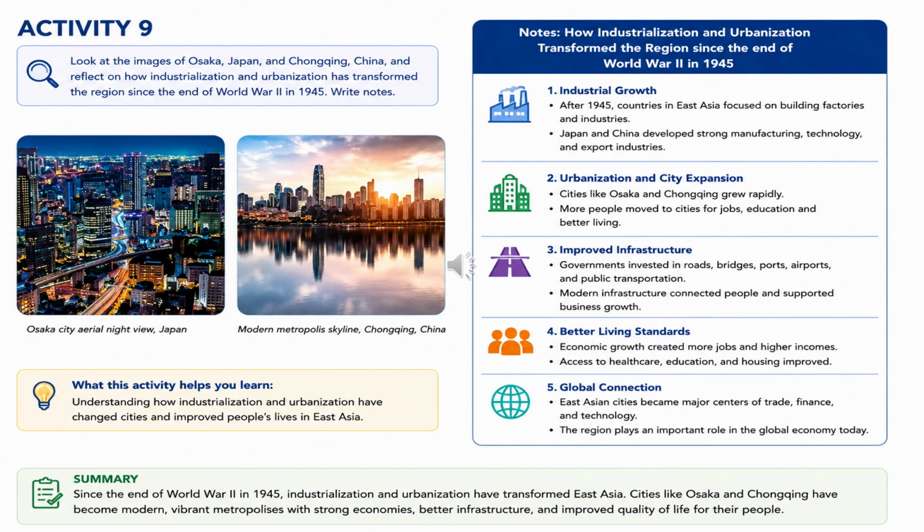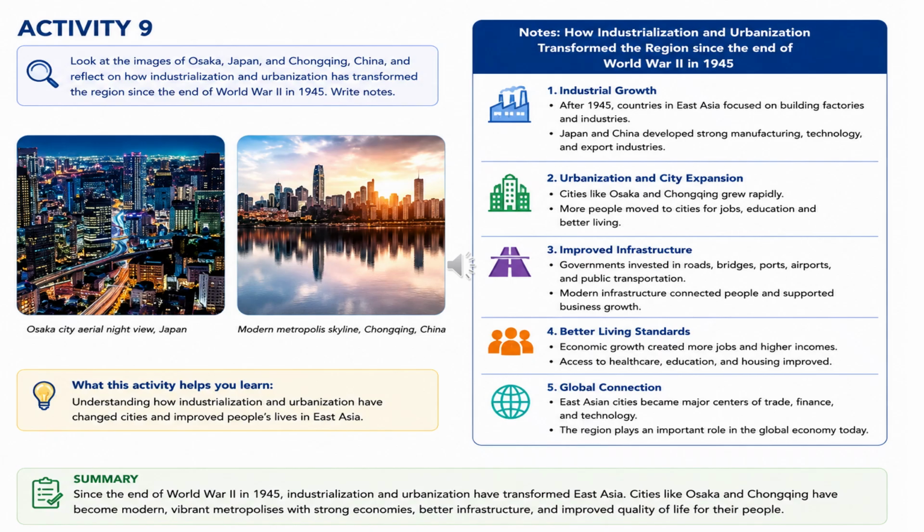They focused on industrialization, which means building factories and developing industries to produce goods. This created more jobs and helped their economies grow. So countries like Japan, China, etc. became world leaders in manufacturing technology and export.